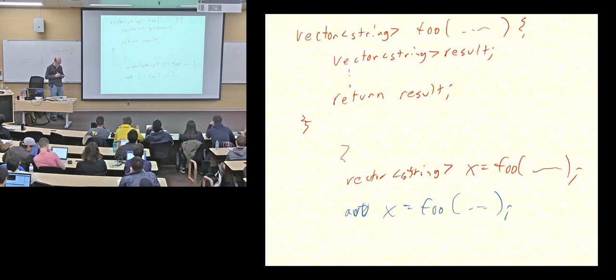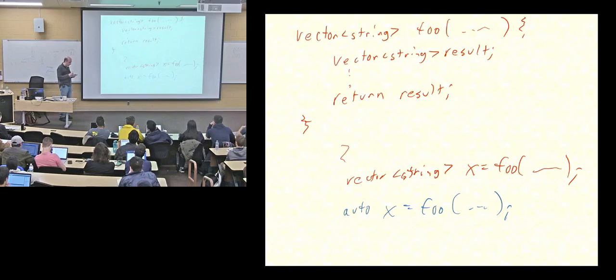So because x doesn't exist yet, and because the result is going to be destroyed, let's not make a copy of that object result. Let's not make a copy of a vector full of string objects that all have to be copied. Instead, what happens is x basically hijacks result's data. Result gets a null pointer, and then when result gets destroyed, it destroys nothing, and x has stolen result's data.